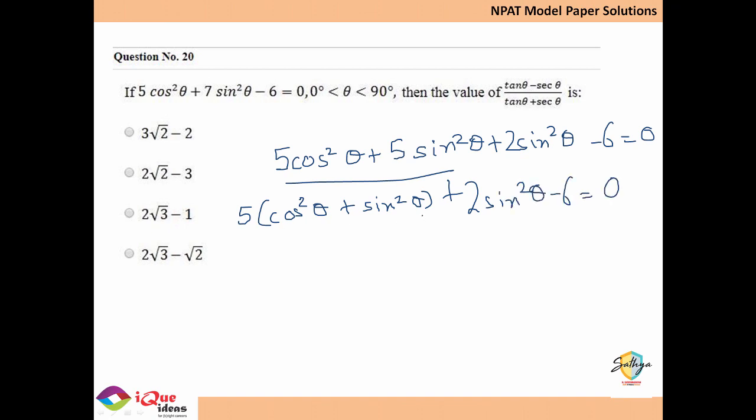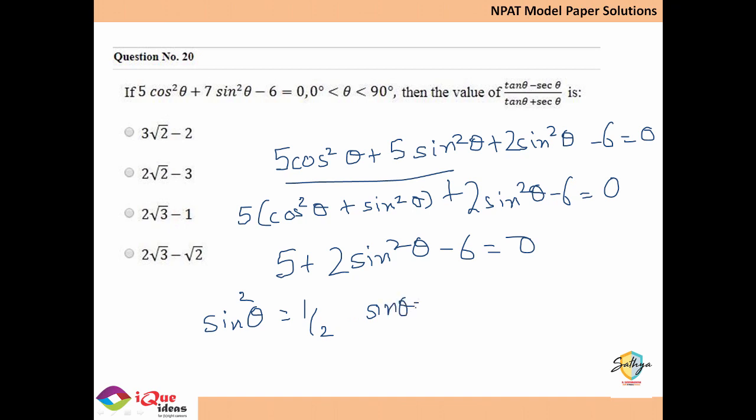Now cos square theta plus sin square theta is 1. So this becomes 5 plus 2 times sin square theta minus 6 is 0. So I get sin square theta is 1 upon 2. So sin theta is nothing but 1 divided by root 2.